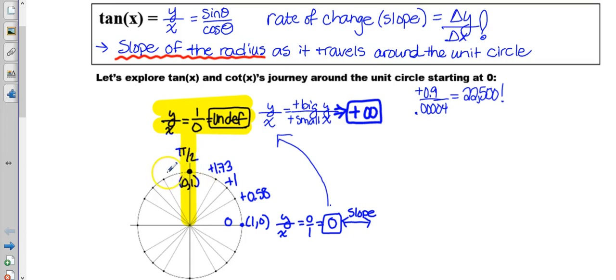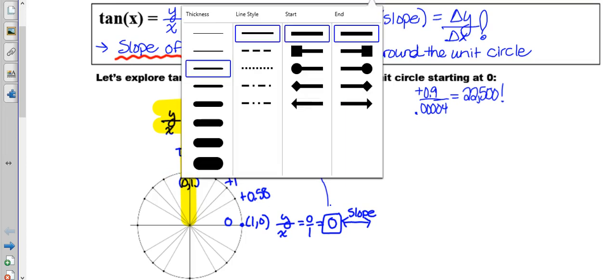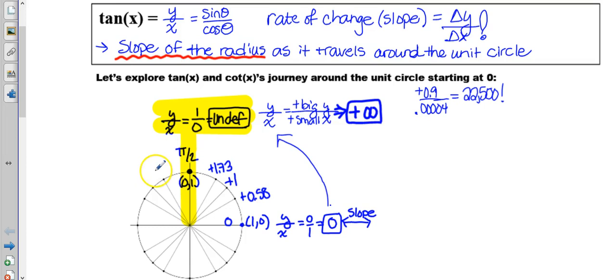So now we pass that undefined value, and now we're like right here, directly to the left of it. Let's see if we can reason out again what's going to happen. So if I'm right about here, consider what that y value is going to be. That y length is, again, big.